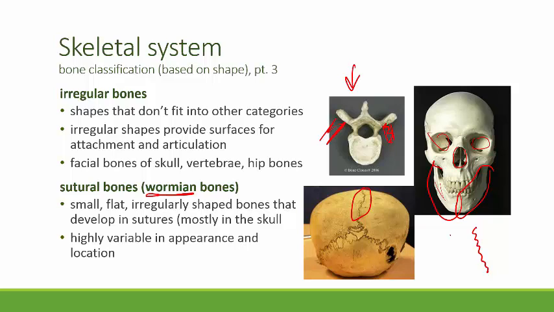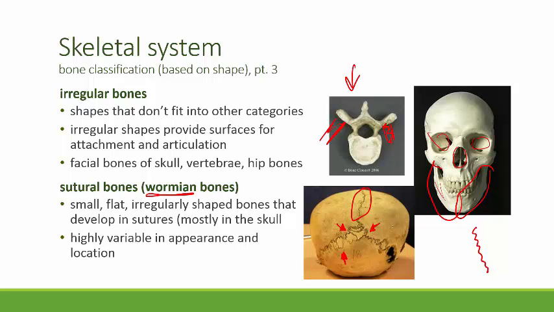Not everybody has Wormian bones, but one of the cool things that we'll have in lab are some real skeletons for you to look at. And as we look at the sutures of these real skeletons, we're going to see that there can be lots of these Wormian bones found embedded in the suture as part of the development of these joints.